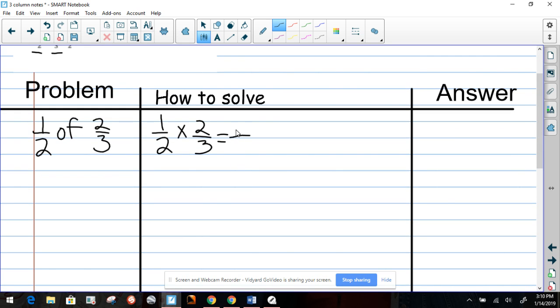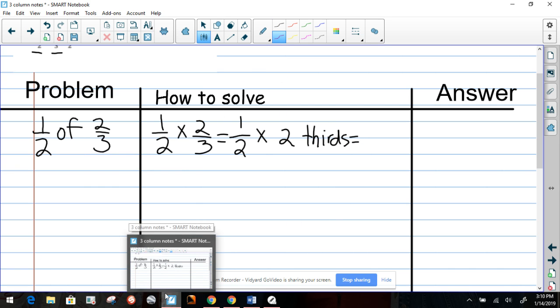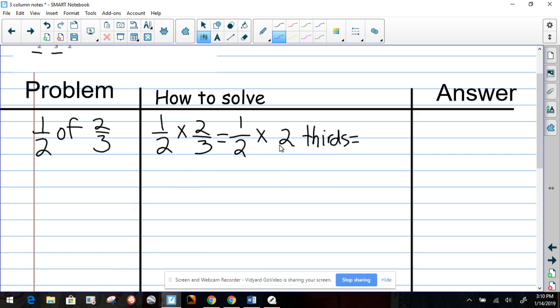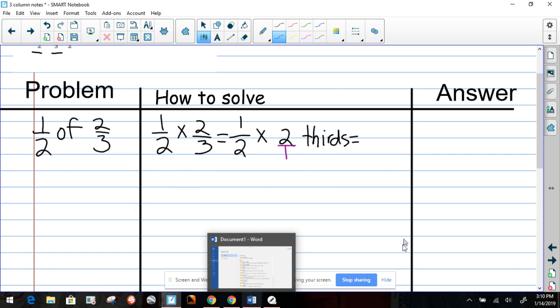So we can write 1/2 times 2/3. When you do that, then all you have to do is cross multiply. Add that 1 because it's a whole number. You give the whole number a denominator, which is a 1.